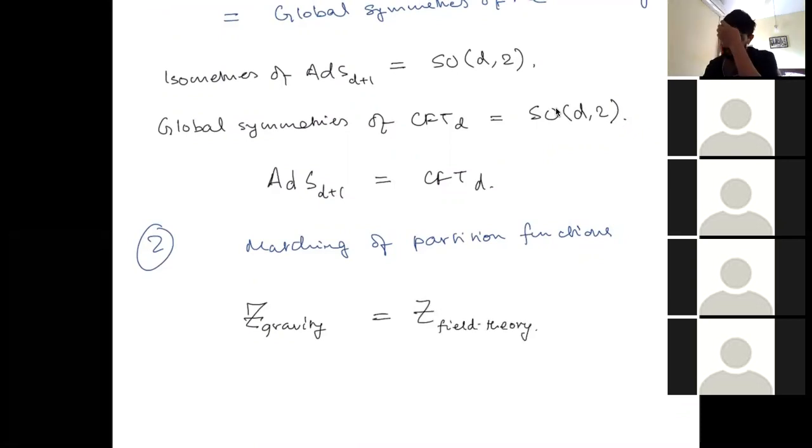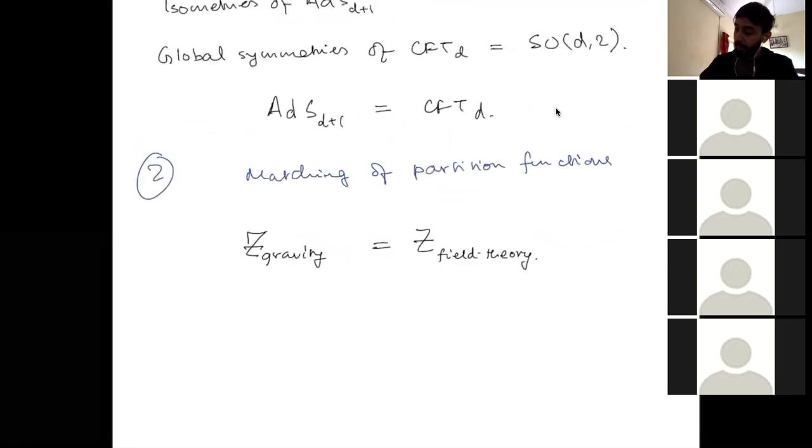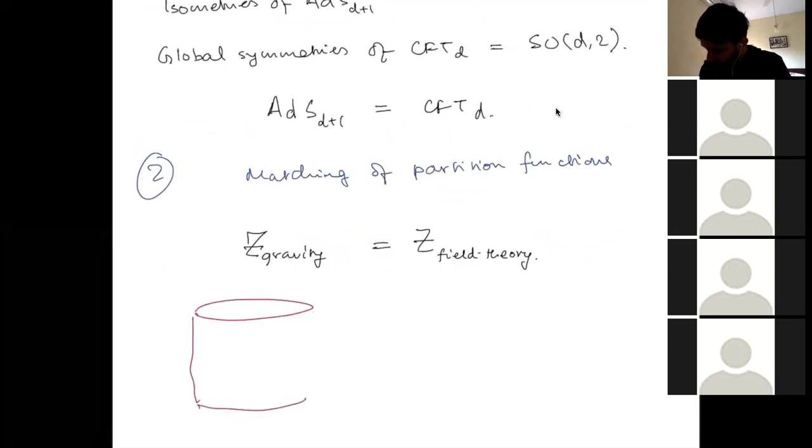I showed you an example where you look at the bulk and you have some scalar in the bulk. You might not really understand why I'm drawing cylinders here, but I urge you to look at this more carefully. AdS spacetimes can be represented on something called the Einstein static universe, and I'll try to give you some references for this.